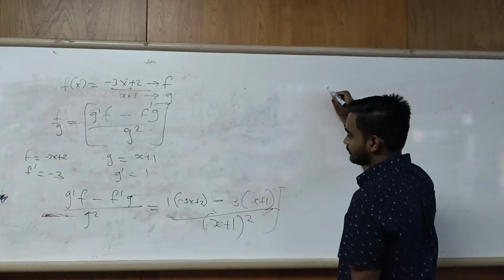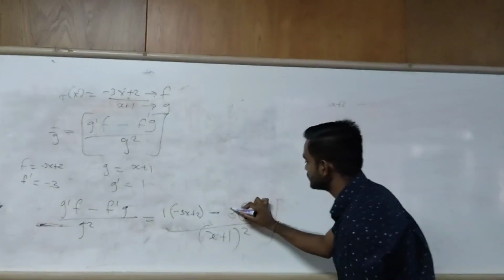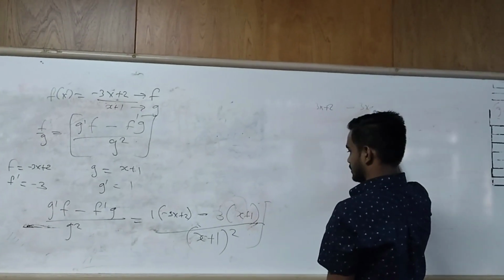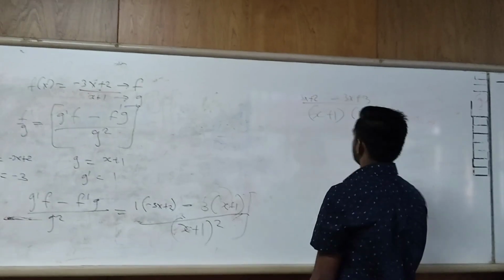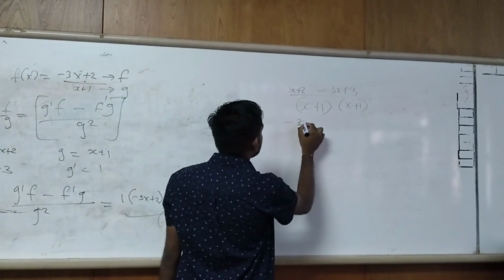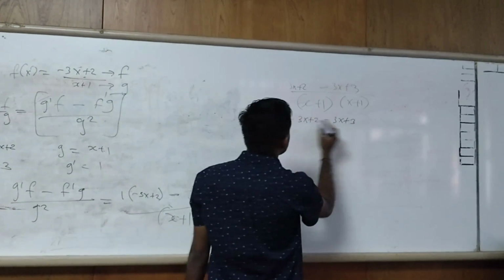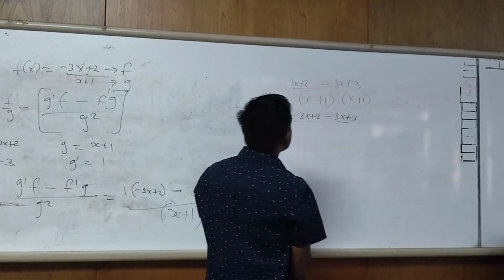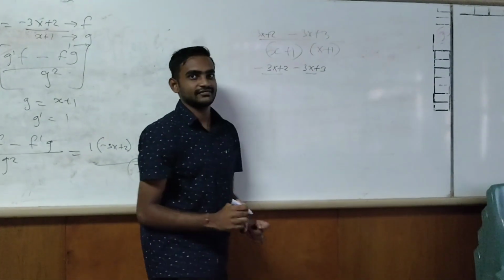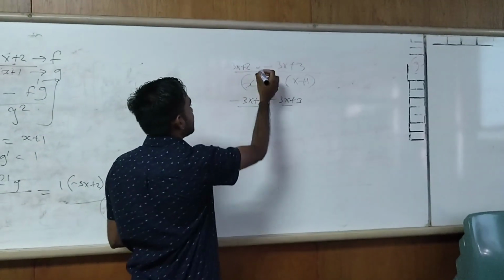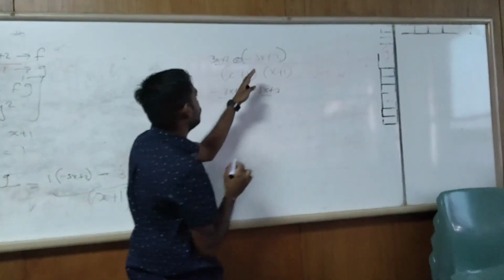Anything multiplied by 1 is simply the same element. So negative 3 times the bracket x plus 1 gives negative 3x minus 3, minus the bracket negative 3x plus 2, divided by x plus 1 squared. Alright, we have missed the negative sign here, so use brackets so that your answer is correct.